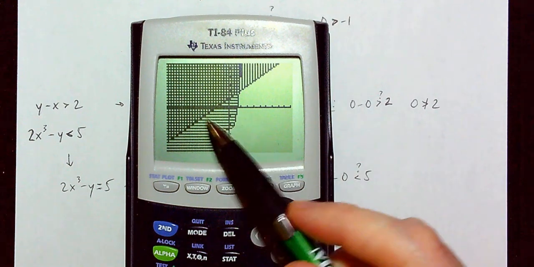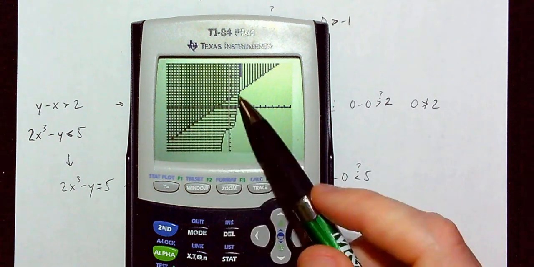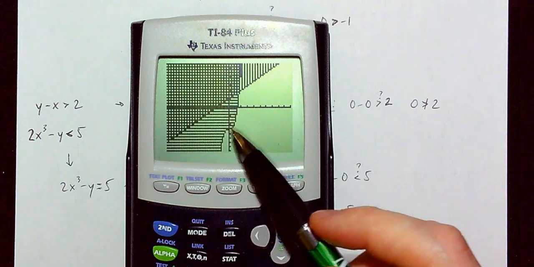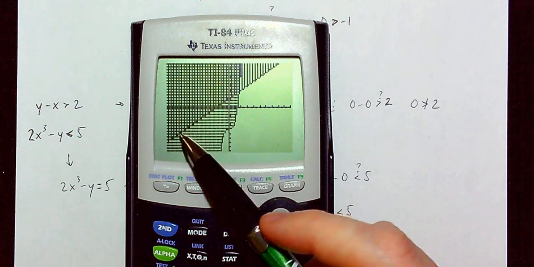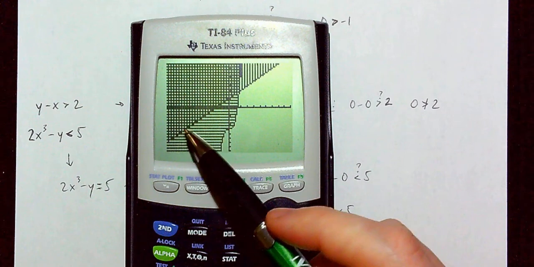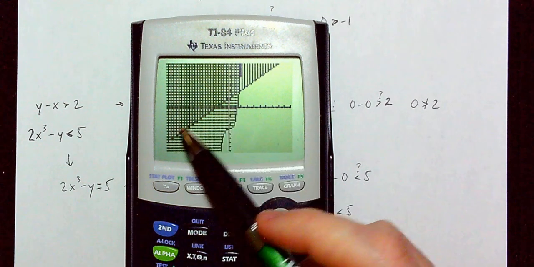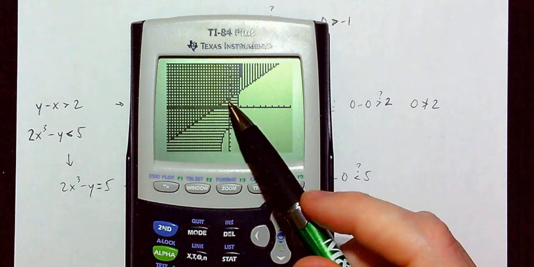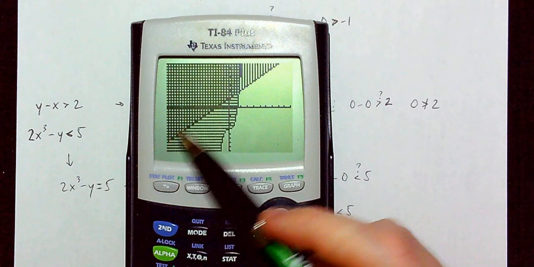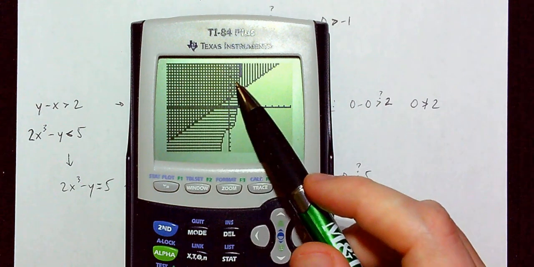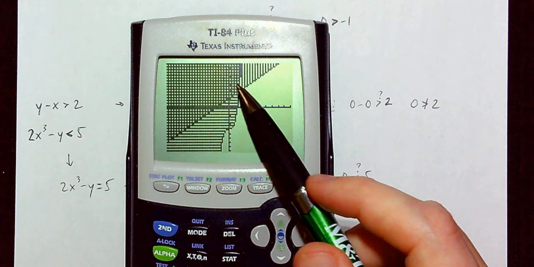We know that this should be a dashed line here, but for our solutions, we're not going to include the points that lie on this portion of our line. It's everything above this line and to the left of this curve here.